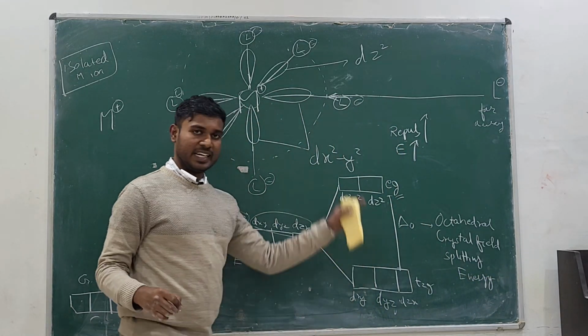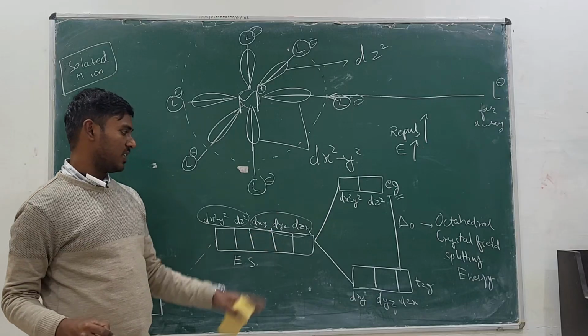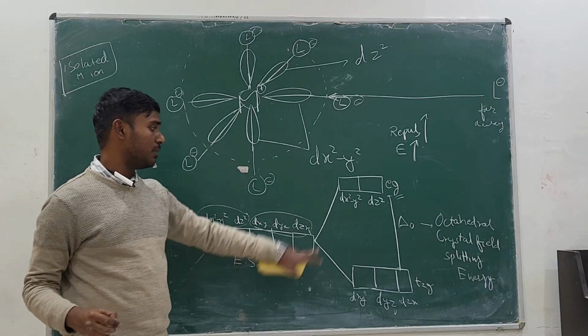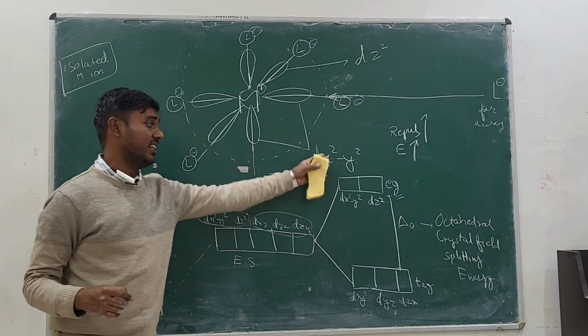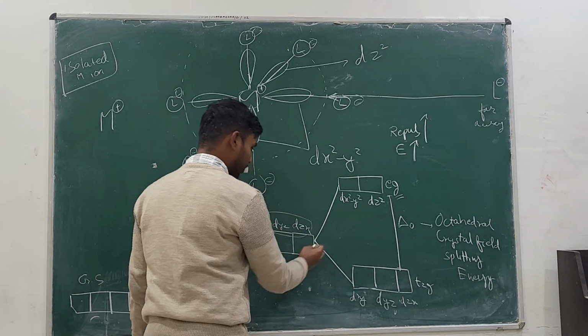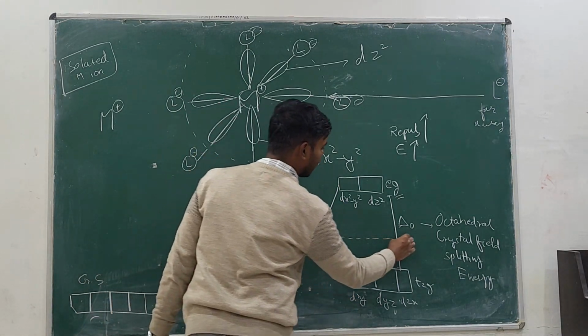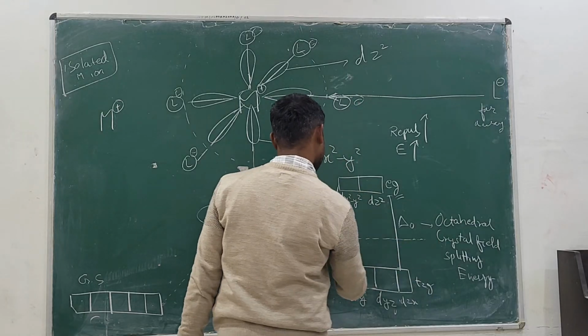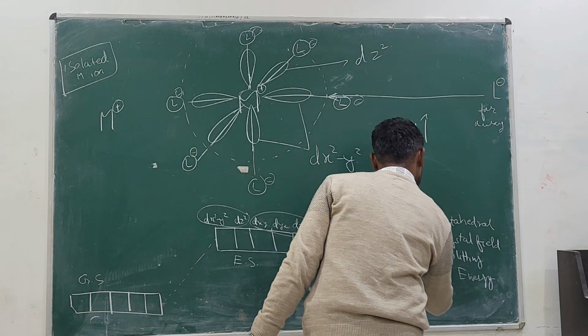Octahedral crystal field splitting energy specifies that our d orbitals are split into two different energy levels named T2g and Eg. The energy of this excited state is marked as the barycenter.